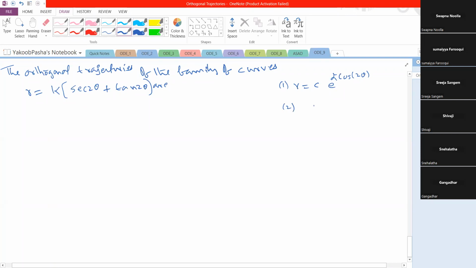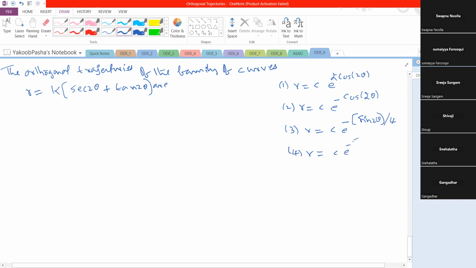Second option, R is equal to C into e to the power of minus cos 2 theta. And third option, R is equal to C e to the power of minus sin 2 theta by 4.